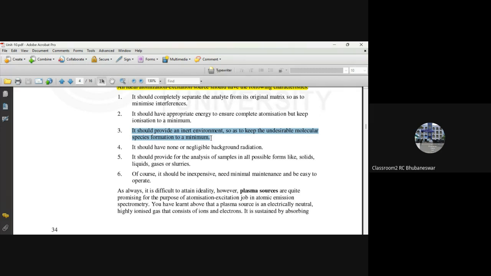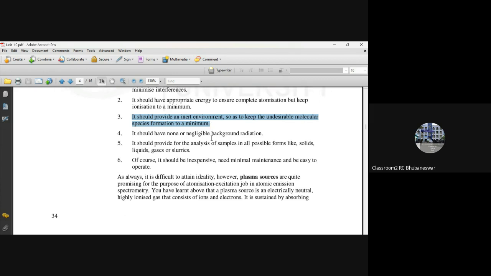The more inert the environment, the better the result we will get, and the interference due to other molecular species will be minimum. It is not that it will be completely eliminated; no, the molecular species formation can be kept to a minimum.